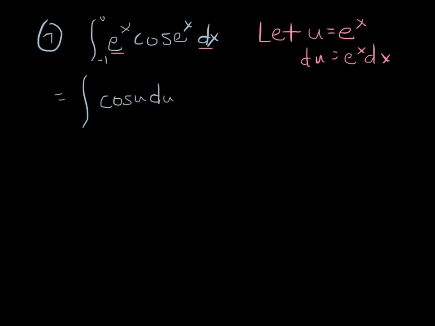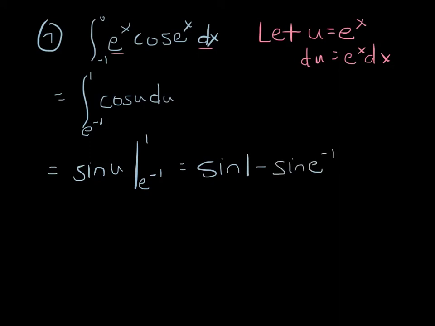And let's see, what are our limits? We plug in negative 1, and we're going to get e to the negative 1. And then e to the 0 is 1. Now we integrate, we're going to get sine of u. And that becomes sine of 1 minus sine of e to the negative 1.